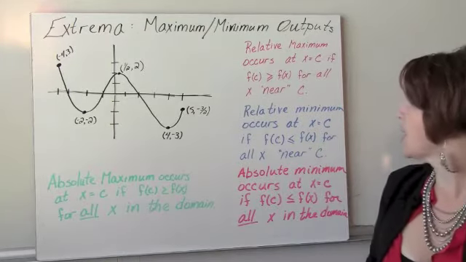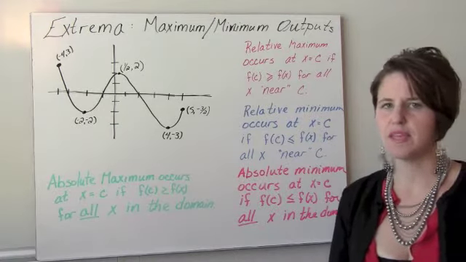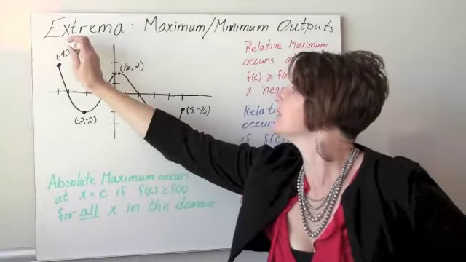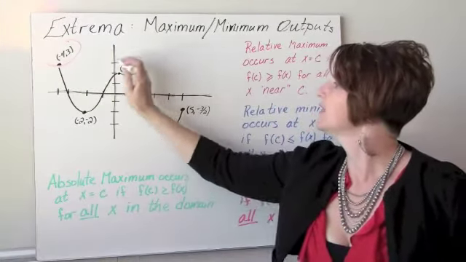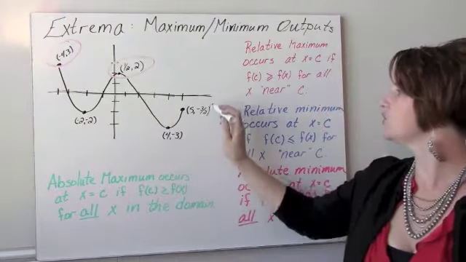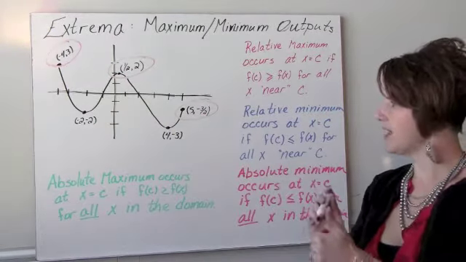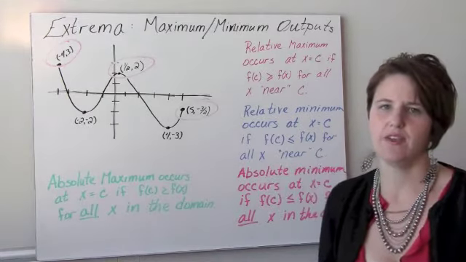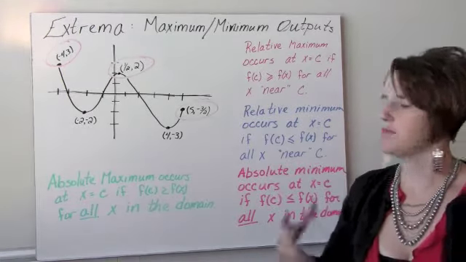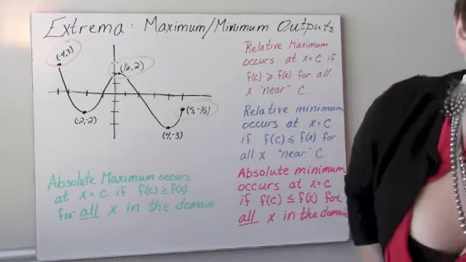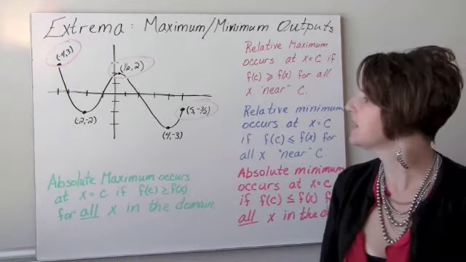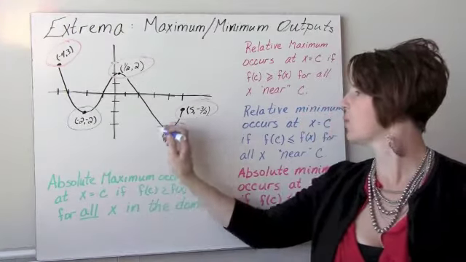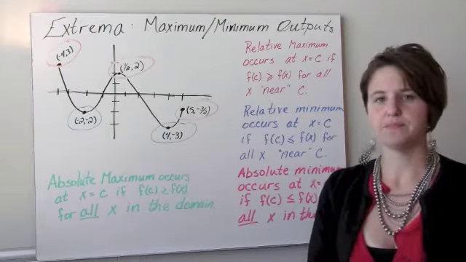And so our relative maximums would be the point (-4, 3), the point (1/2, 2), and the point (5, -3/2). Those would be considered relative maximums. And for the same idea, we'd have relative minimums at the point (-2, -2) and the point (4, -3).